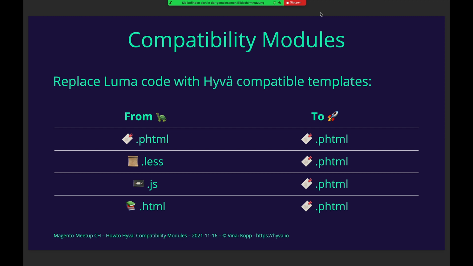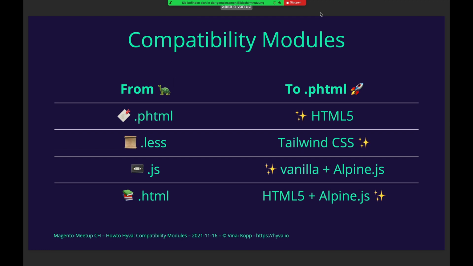But when making that compatible to Hyvä, basically all of these things, we just end up with only PHTML files. Of course, there also are images maybe, and images, they stay as they are, right? But in general, the idea is we replace all of those things with PHTML files.